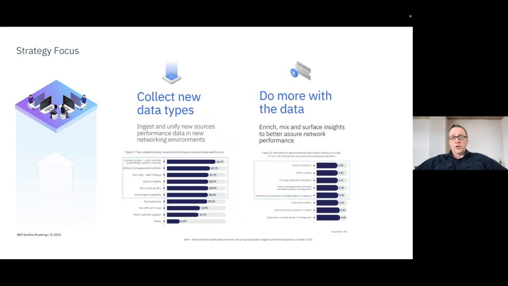In order to help our customers maintain the visibility they need to be effective in their job, they need to be able to collect new types of data, and then also be able to do more with that data. So we're looking at ways to improve the ability of our customers to do both of those things. And I'll be showing you some of those things today.